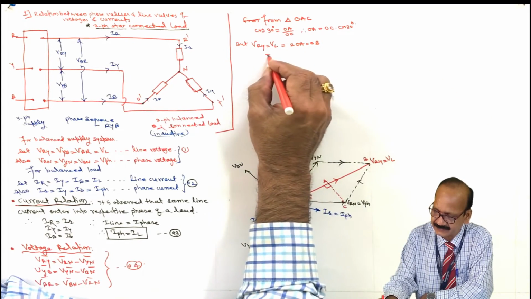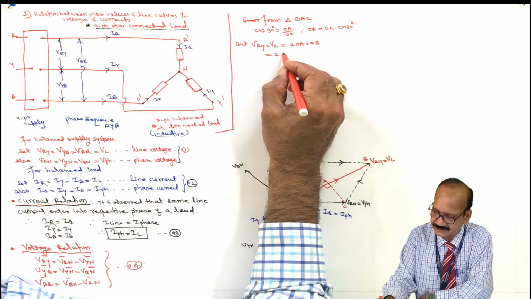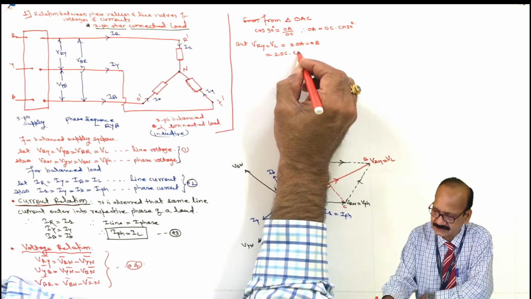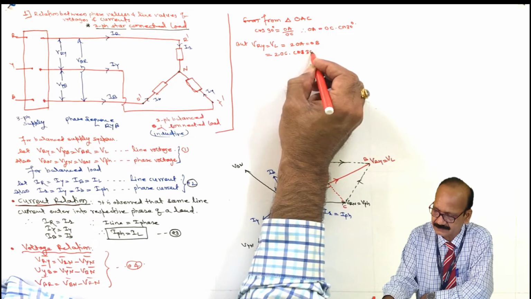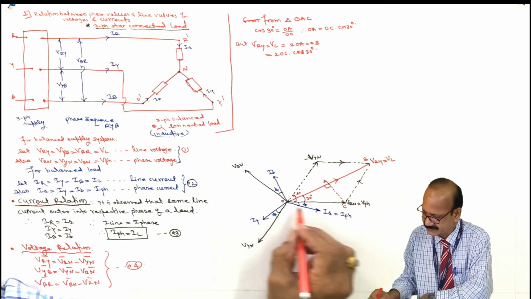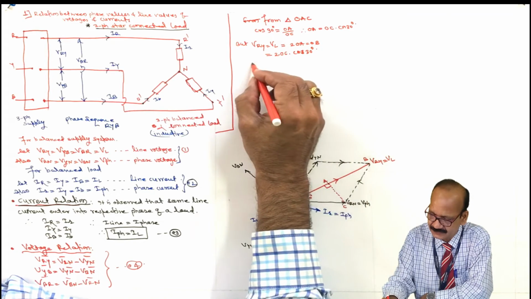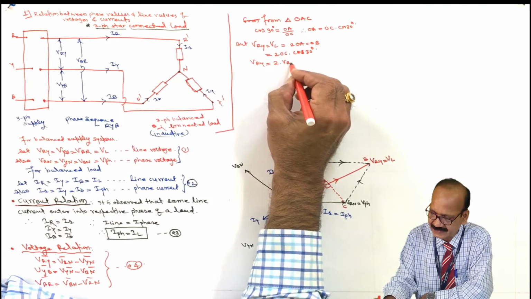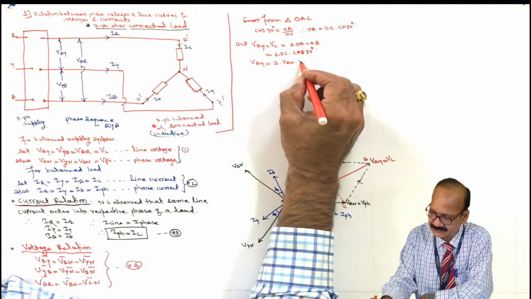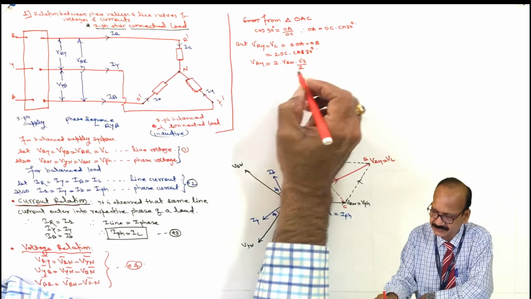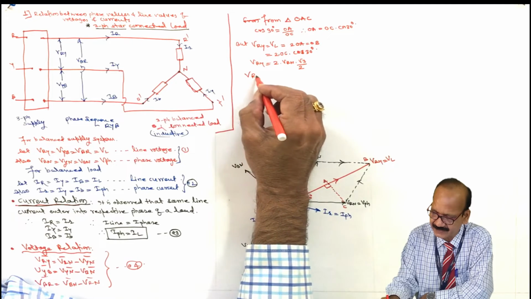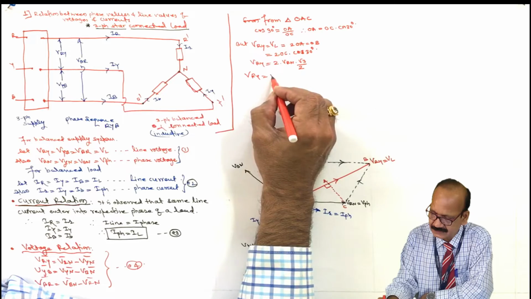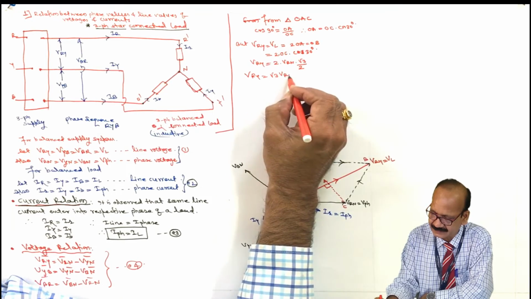So this is equal to 2 times OC into cos 30. But what is OC? OC is Phi Rn. So Phi RY equal to 2 times Phi Rn into cos 30, which is root 3 by 2. So this 2 will cancel, and therefore Phi RY equal to root 3 into Phi Rn.